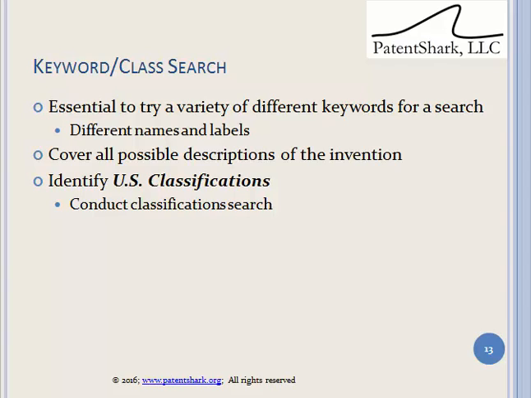Once you do that, you'll probably find some patents that are close to what the inventor has told you he wants to patent. When you find those patents, look at the front page of the patents and identify U.S. classifications. Once you identify those U.S. classifications, you can conduct a specific classification search to be even more detailed.